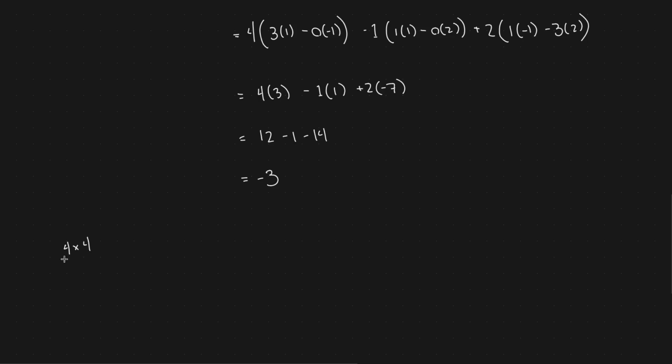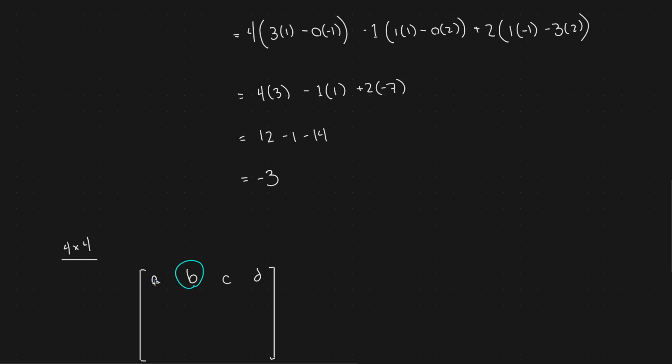So 4x4, right? A, B, C, D. I won't draw all of it, but you would take the first element in the first row, then multiply it by the determinant of what's left over, after canceling out the row and column that element's in.